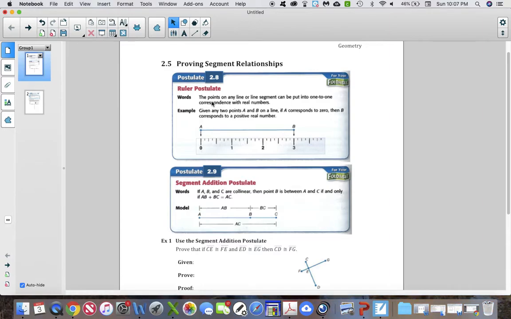In section 2.5, I will go over postulate 2.8 even though we're not writing them down. If you remember from section 2.4 when we first introduced postulates and theorems, postulates are the basic concepts, the "oh yeah, that just makes sense" concepts. Theorems are the big brothers to the postulates.